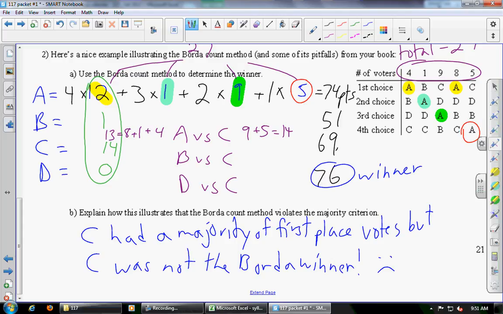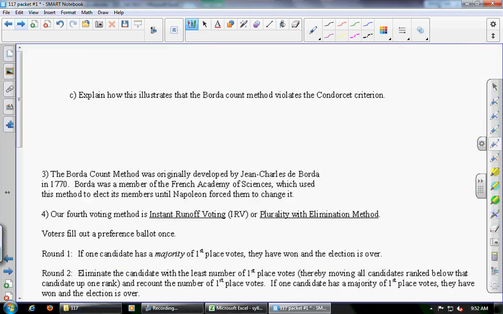If C has 14 first place votes, they're going to beat everybody else, 14 to something less. So you didn't even need to actually count it. If you want to write down the details, you can. So I guess here's what we'll say on the next page. C beats everyone in a head-to-head.